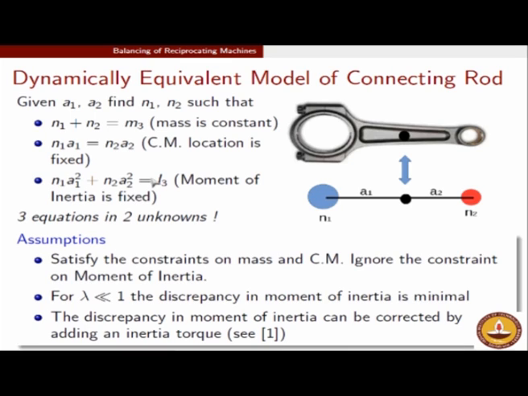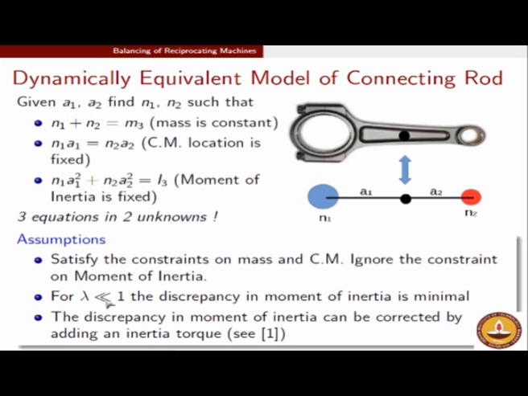But at this stage I will say that if I can choose N1 and N2 such that N1 plus N2 is equal to M3 and N1 A1 equals N2 A2, I would have attained my objective in constructing an equivalent connecting rod. A connecting rod which has the same mass, which has the same center of mass, but definitely has a different moment of inertia. But this difference in moment of inertia is possibly not going to be much, provided the lambda that I am interested in is small.